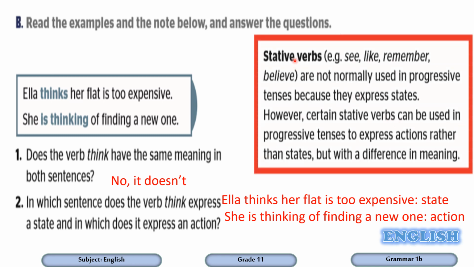So the stative verbs such as see, like, remember, believe are not normally used in progressive tenses because they express a state. However, certain stative verbs can be used in progressive tenses. Like here, she's thinking. It doesn't have the same meaning as opinion, to express actions rather than states, but with a difference in meaning.